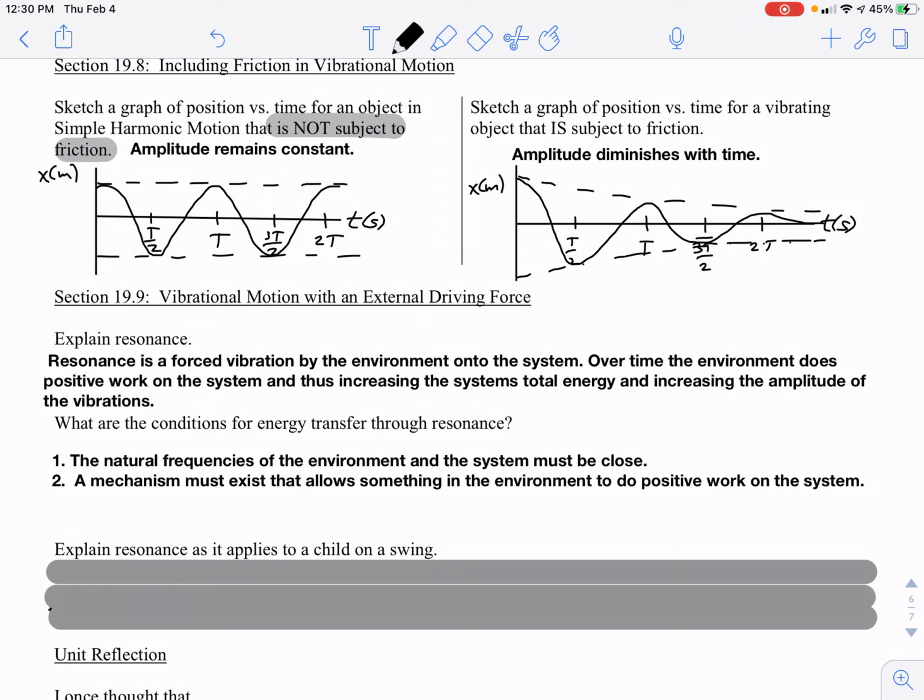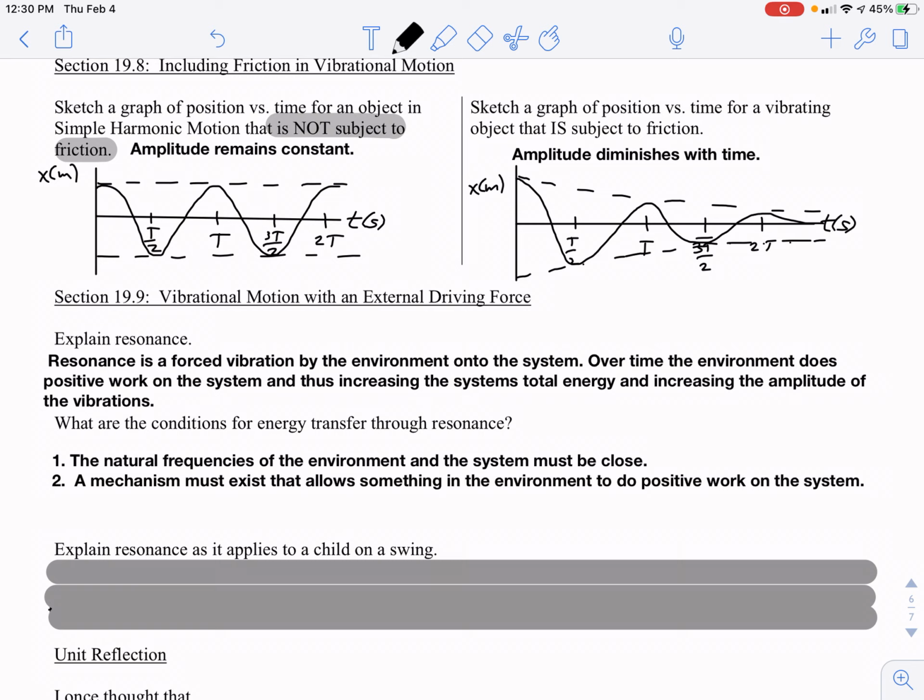Well, the opera singer is creating sound waves, and the sound waves themselves are transferring energy from the vocal cords of the singer out into the environment. Now, the opera singer becomes the environment, and the opera singer begins to do work to vibrate the glass molecules that make up the wine glass.